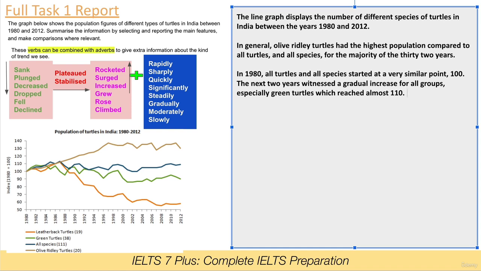Okay, we want to be careful, we don't want to report back on every single step because we've got quite a lot to do here. So let's just pick a few interesting trends.